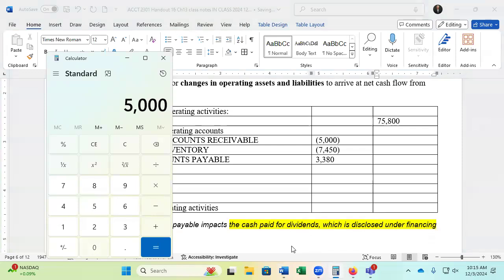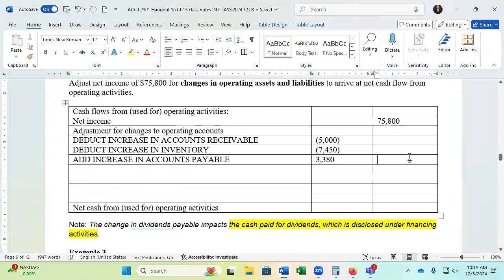So we have 5,000 plus 7,450 minus 3,380, and we get a decrease of 9,070. And so our net cash from operating activities would be 66,730.